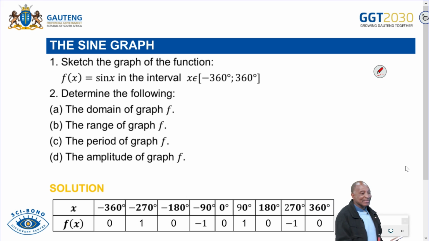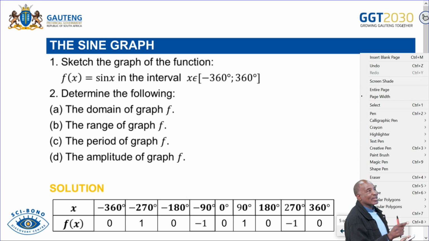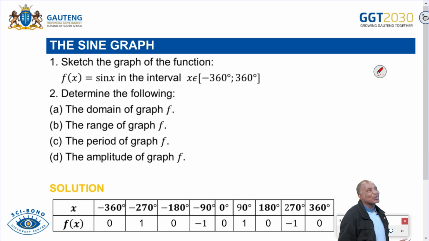Right, step number 1. Let me quickly insert a page for you. You are going to go to your calculator. We want to have a calculator table for all our functions to save time.